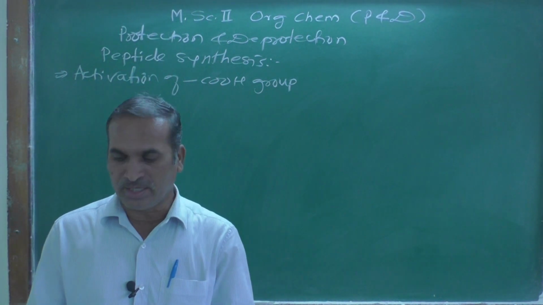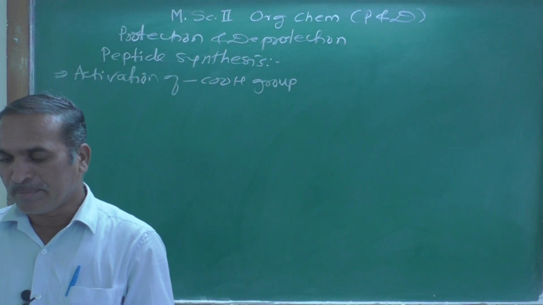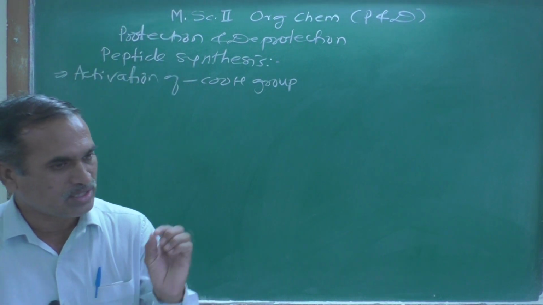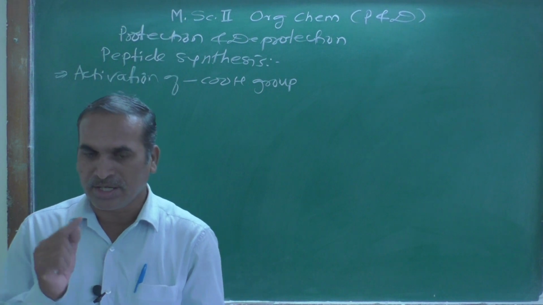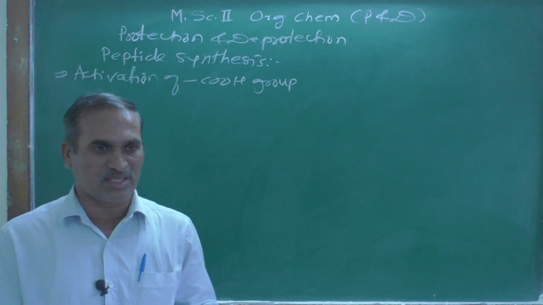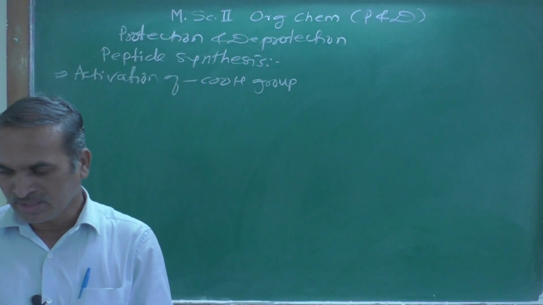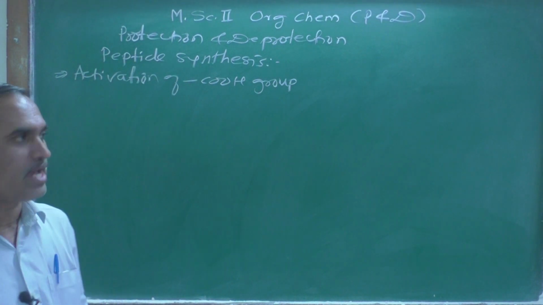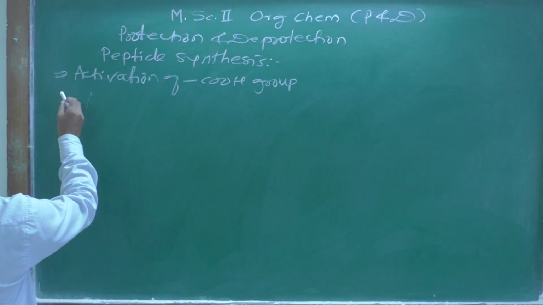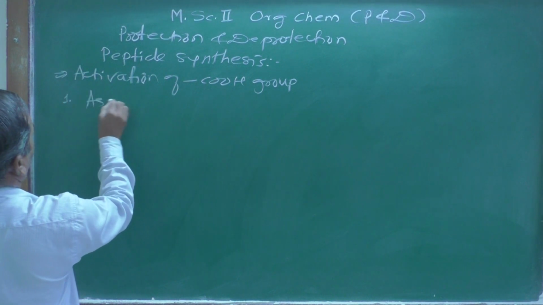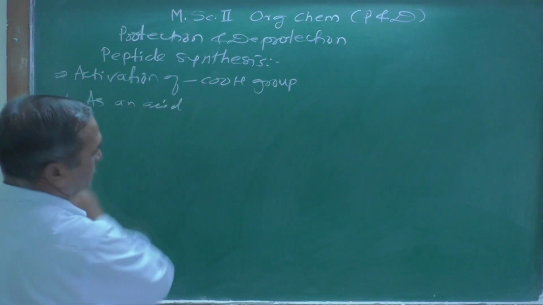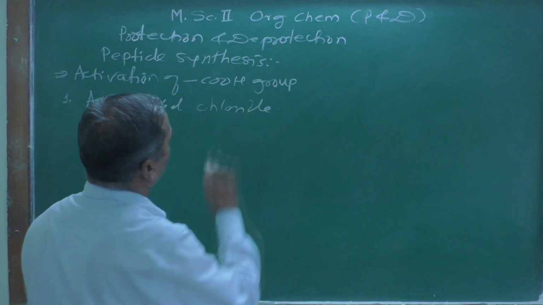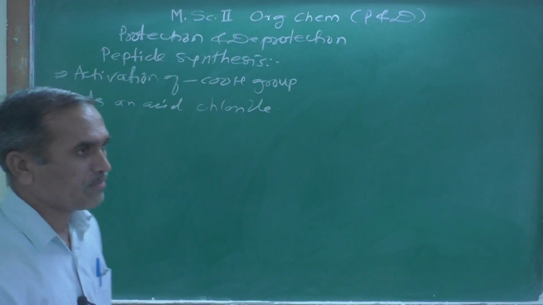Third key point, it can be done by acid chlorides and acid azides, etc. These are the reagents by which we can activate the carboxylic group. Let us see the first one, the acid chloride.